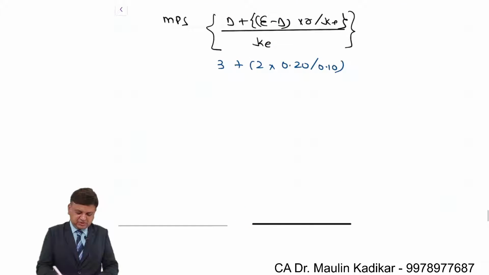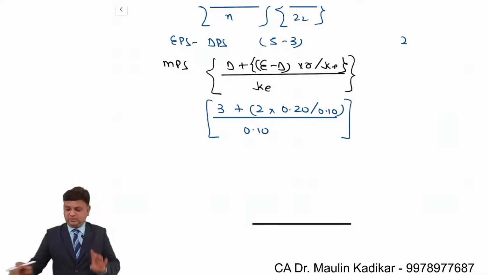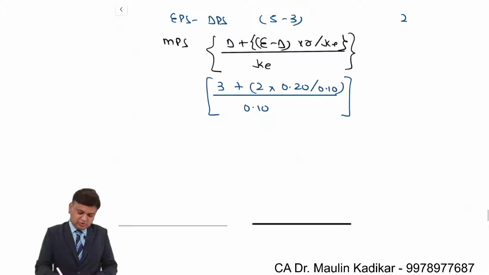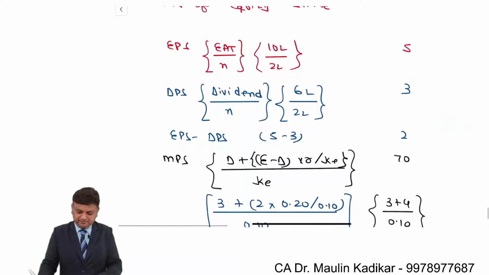That is 10 percent, whole divided by 10 percent. So 2 into 0.2, that is 0.4, divided by 0.10, that is 4 rupees. So 3 plus 4 divided by 0.10. So 7 divided by 0.10 comes to 70 rupees.